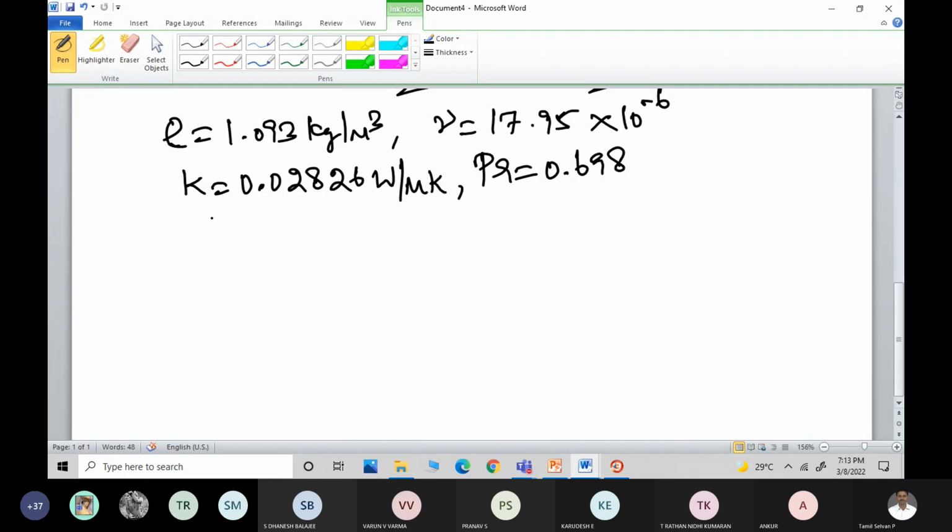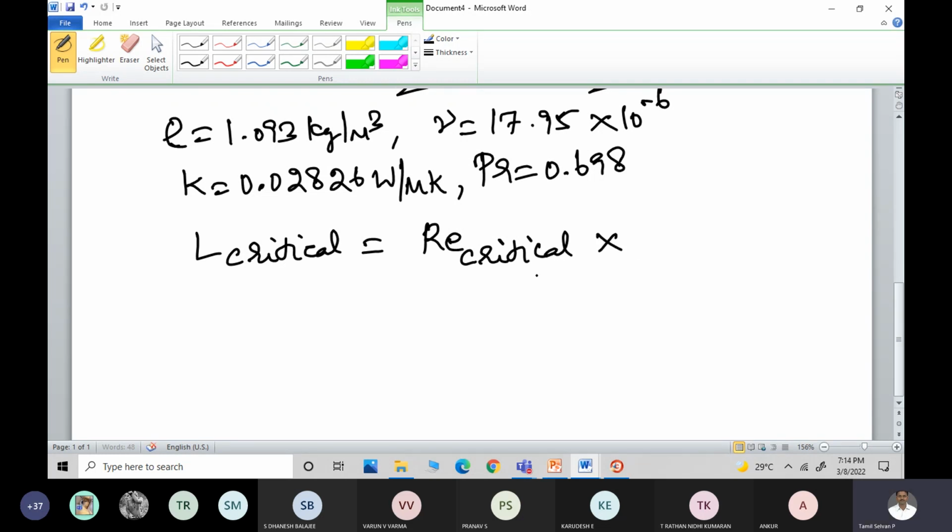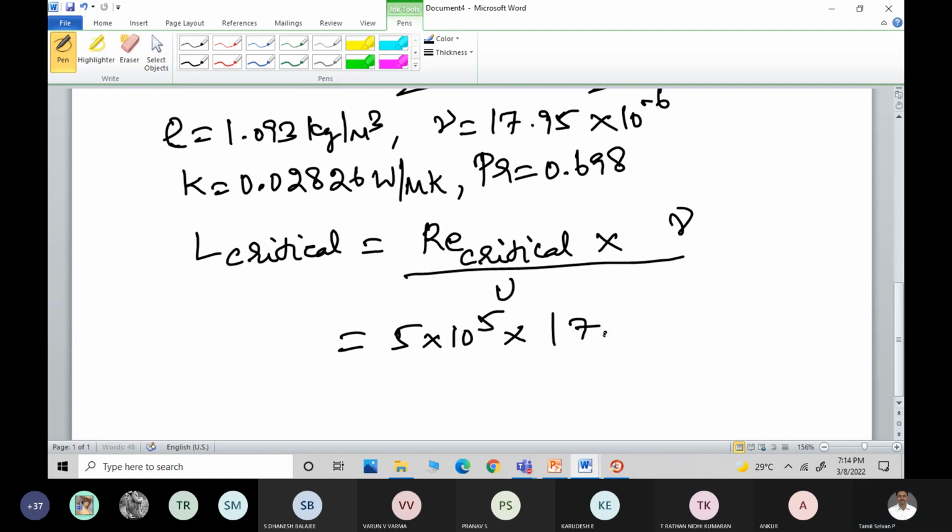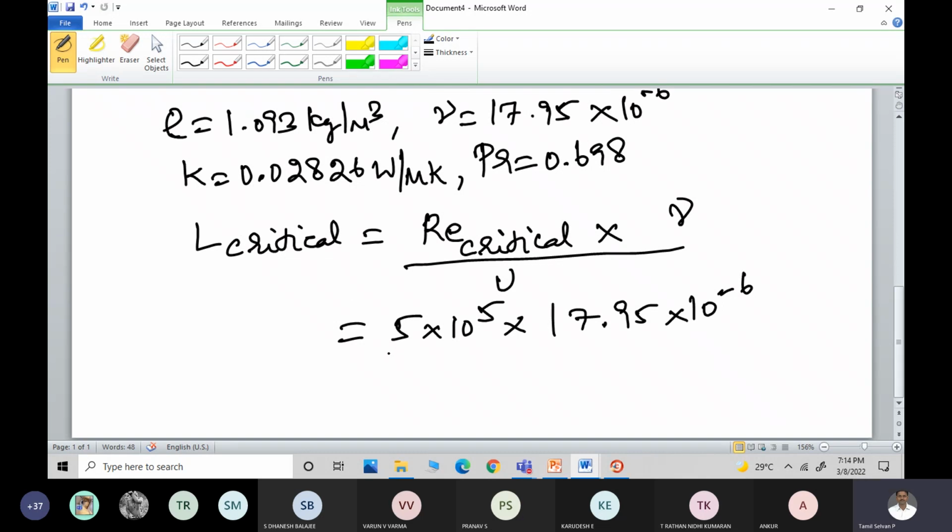Now the critical length, L critical, is equal to Re critical into nu divided by U. So 5 into 10 power 5 into nu value 17.95 into 10 power minus 6 divided by U value 75.